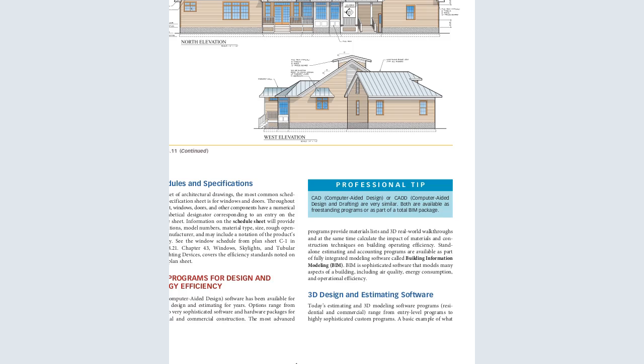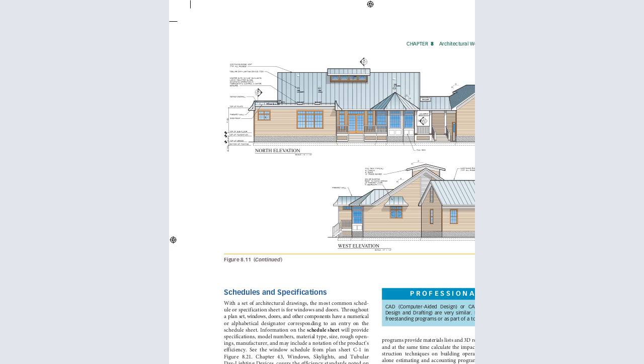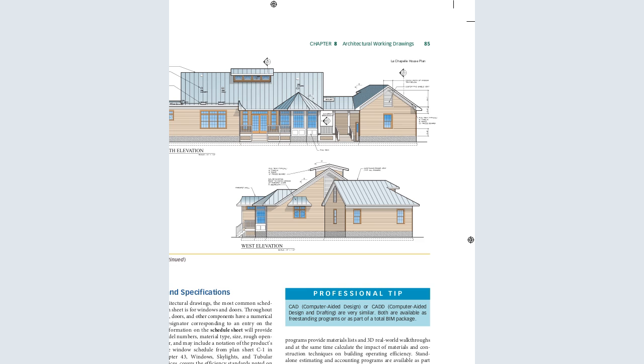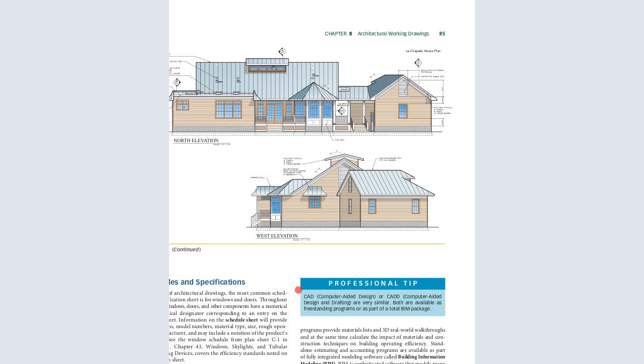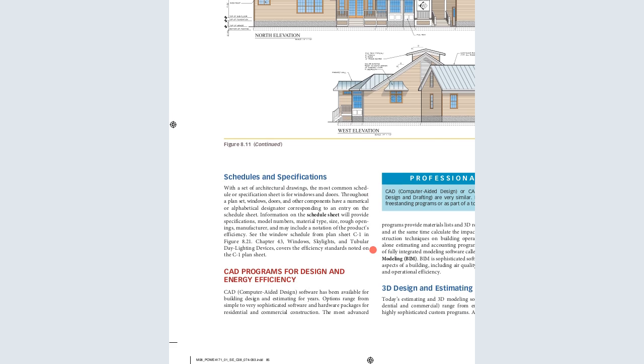Detailed section views. We have talked about the sectional views. Now look at the pictures, and the sectional views. Then we have schedule specifications. In a set of architectural drawings, the most common schedules and specification sheets are for windows and doors.